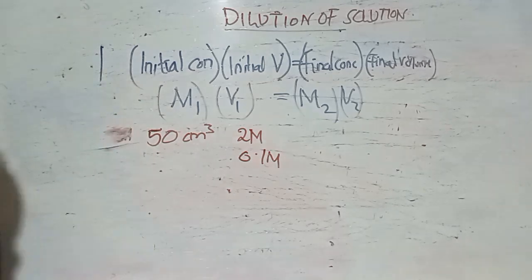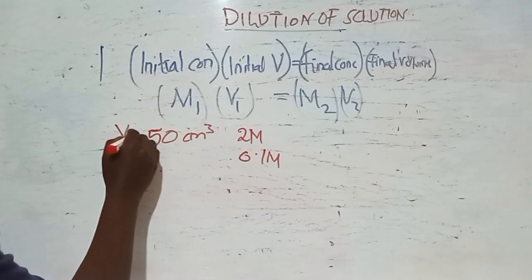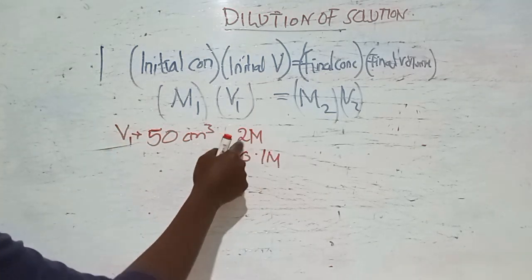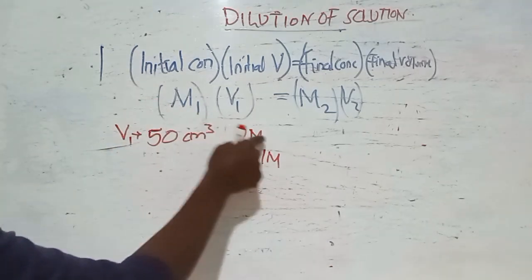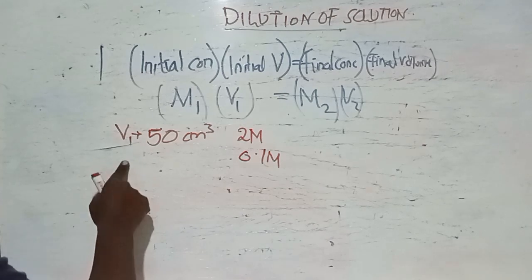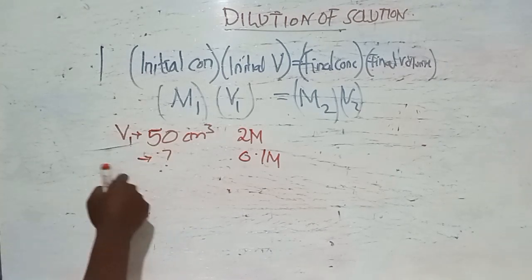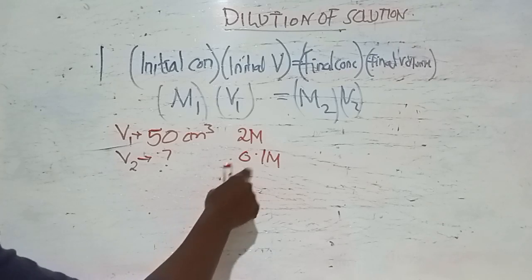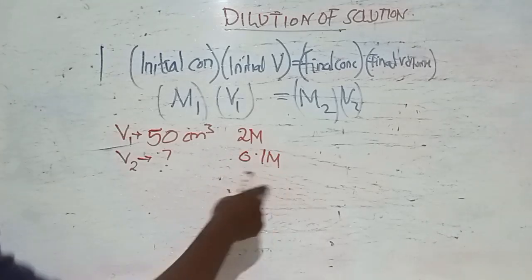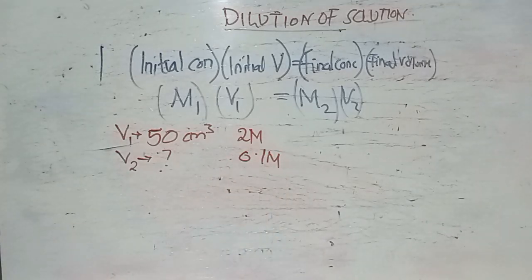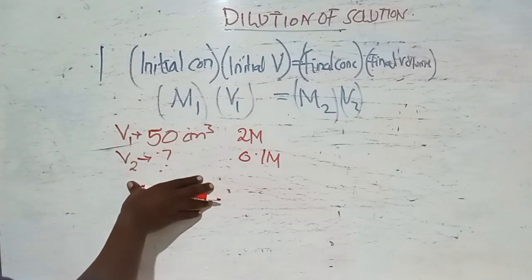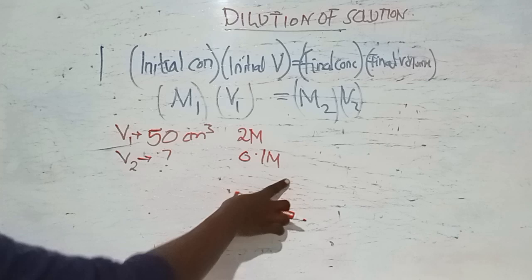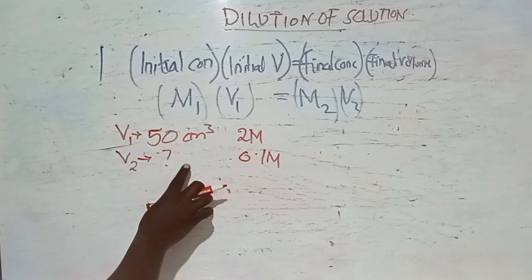It is our initial volume, and 2 is our initial concentration, 2 molar. So we are told to work out the final volume, which is V2, which has a concentration of 0.1 molar.